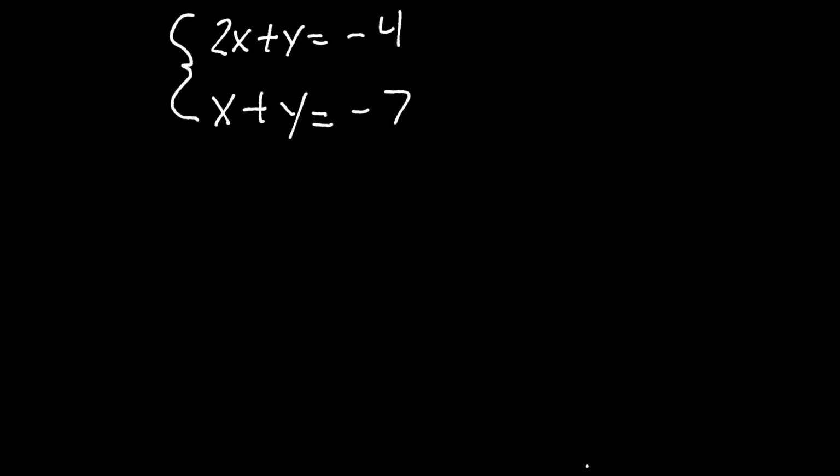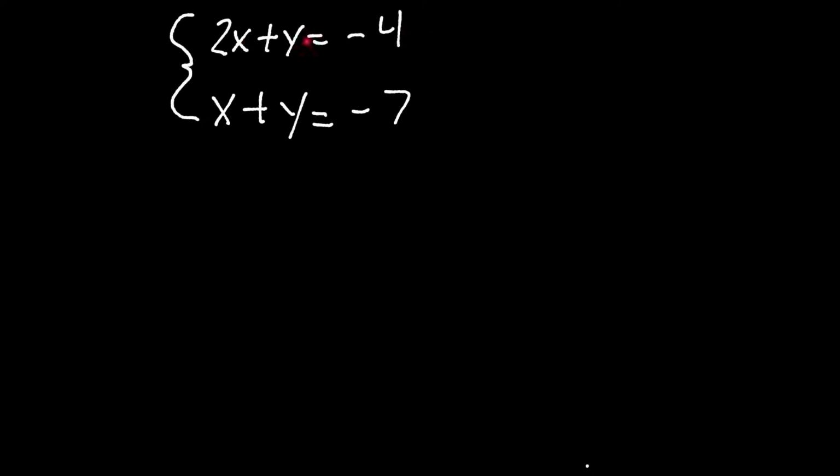It doesn't matter which one you choose. I would not try to solve the top for x, though, because then you're going to be introducing some fractions into your equation. It's going to make it a little more complicated. It's doable, but if we want the most efficient route, we aren't going to want to do that.